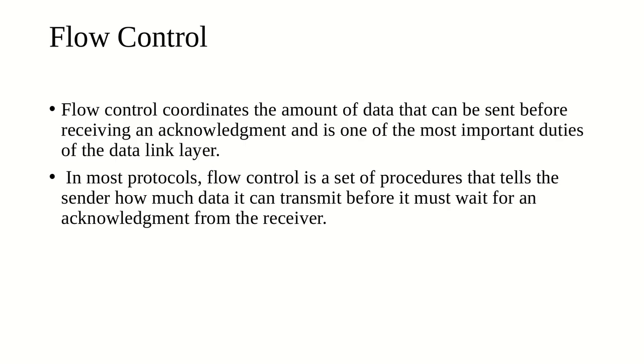The flow control coordinates the amount of data that can be sent before receiving an acknowledgement and is one of the most important duties of the data link layer. In most protocols, flow control is a set of procedures that tells the sender how much data it can transmit before it must wait for an acknowledgement from the receiver.